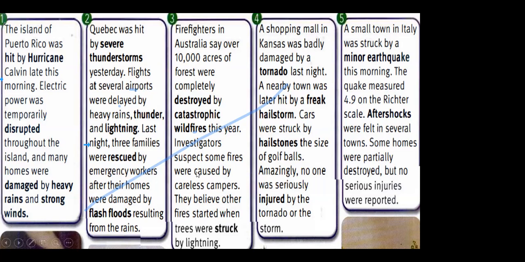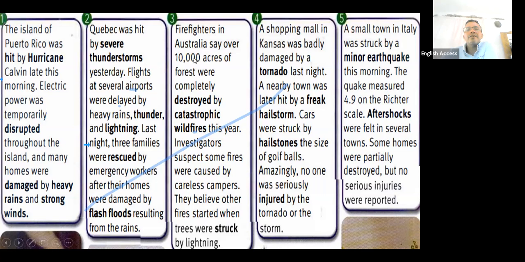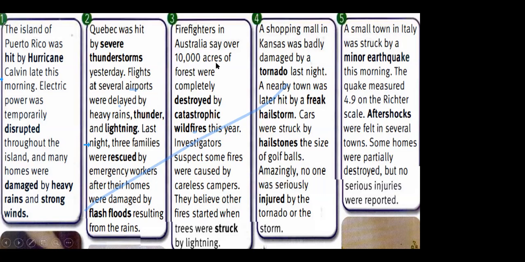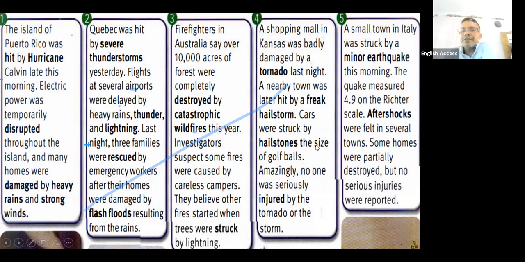Investigators suspect some fires were caused by careless campers. They believe other fires start when trees were struck by lightning. All right, excellent, excellent. Yes, acres, acres. Acres.